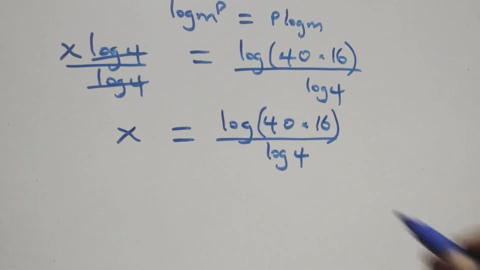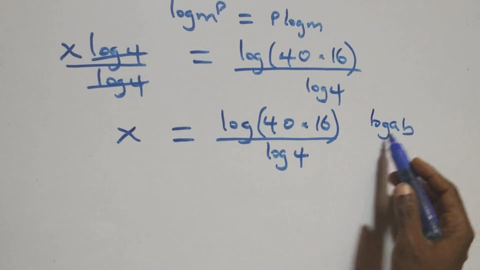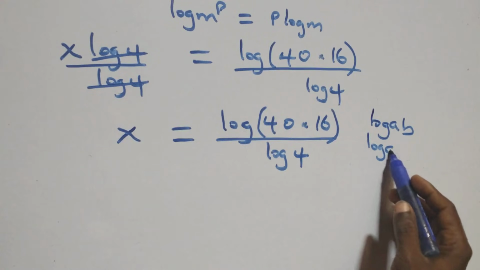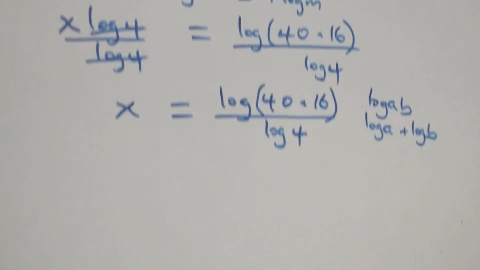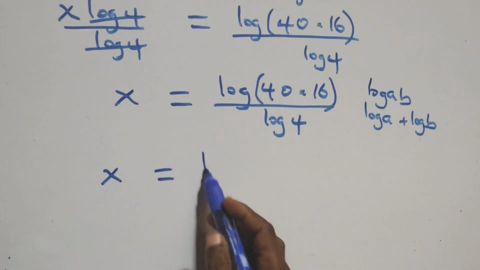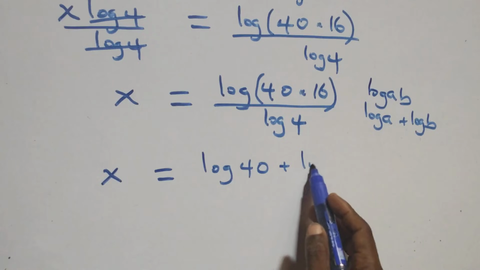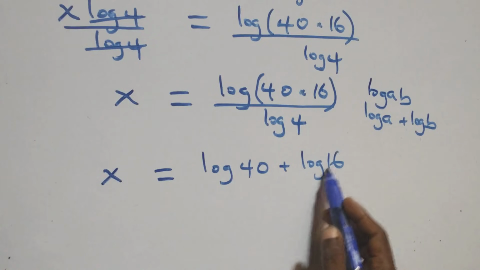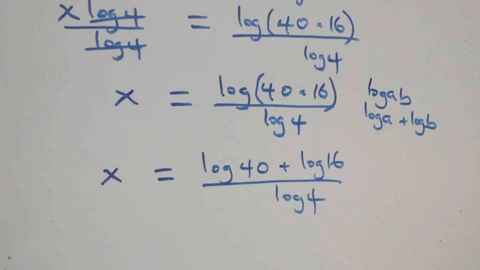Then this follows the law of logarithm. When we have log a times b, it is the same thing as log a plus log b. As this here, x equals log 40 plus log 16 over log 4.